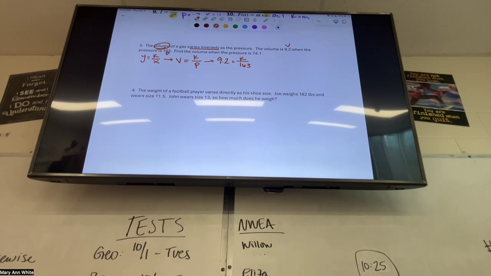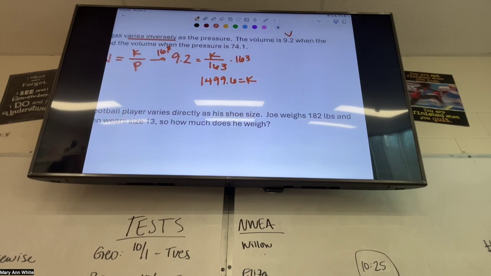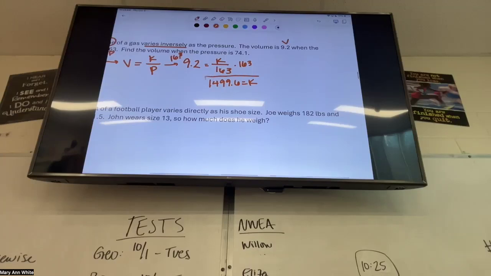So again, I wrote that equation so I kind of know where everything goes. We can solve that very easily for K though, right? Multiply by 163 on both sides. And I get 1,499.6 equals K. Now we're going to use that K and we're going to go back to this equation and we'll read that last sentence.